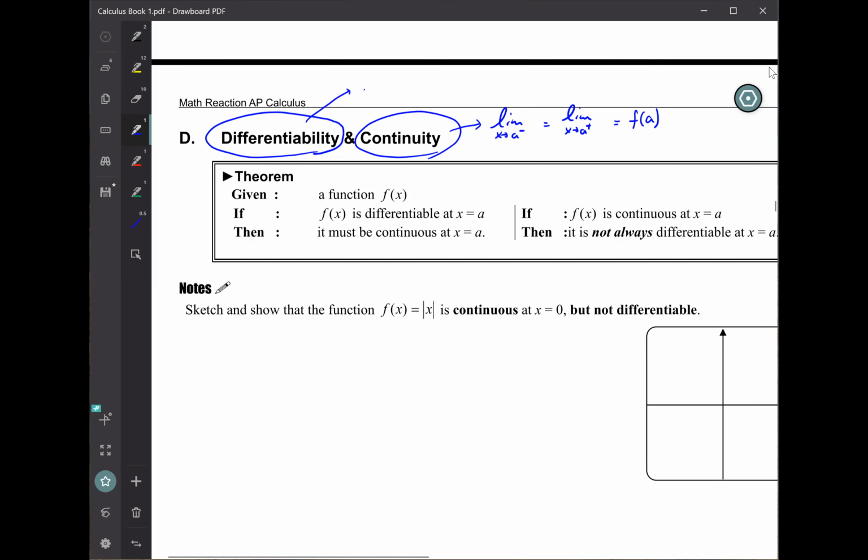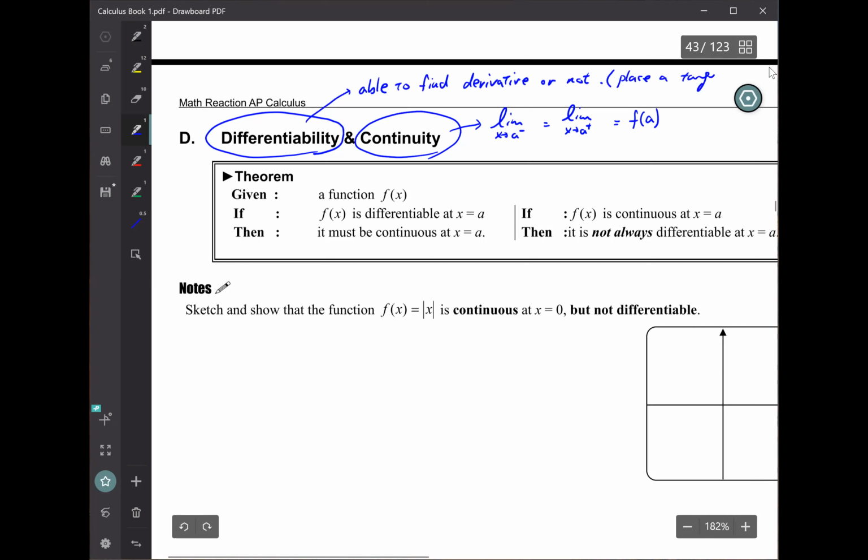Differentiability is the ability to find the derivative or not. Continuity is if the graph joins together at that point, if there's any gap. Differentiability is talking about whether you can place a tangent at a point or not. Different things, okay?